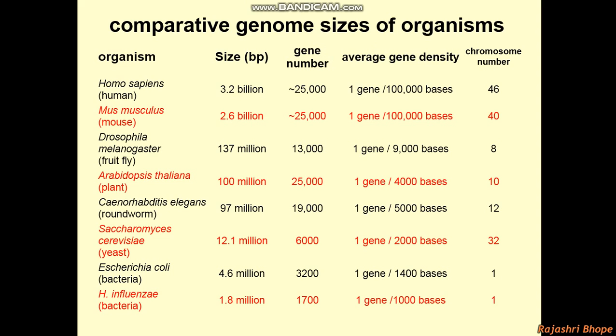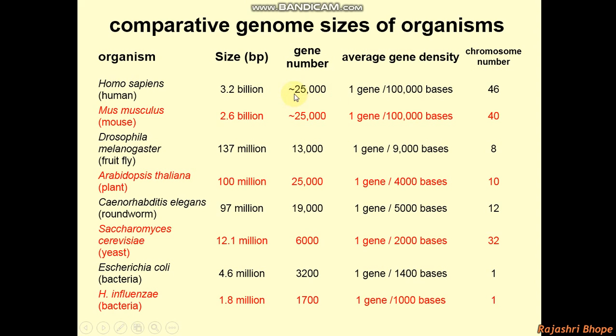This is the comparative genome sizes of organisms. Now see, the human genome size is 3.2 billion base pairs, that is 3.2 times 10 raised to 9 base pairs.